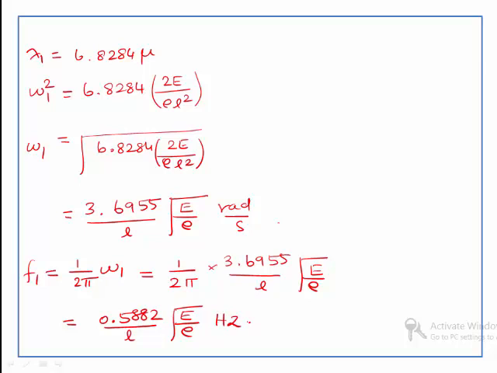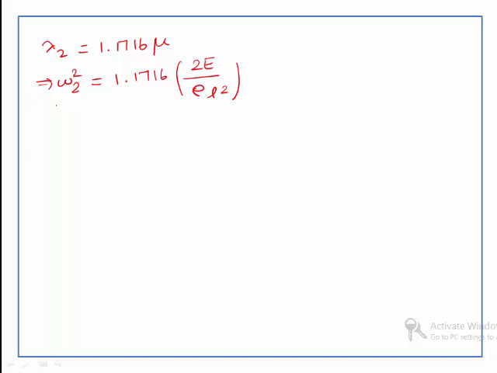So இது lambda 1க்கு. So அதே மாதிரி lambda 2 value என்ன கிடைச்சது 1.1716 mu. So lambda 2 na omega 2 square 1.1716 into mu னு first என்ன substitute பண்ணோம் 2e by rho L square. So இதில் இருந்து omega 2 calculate பண்ணணும் அப்படின்னா so இந்த right hand side உள்ள termக்கு root எடுக்கணும்.